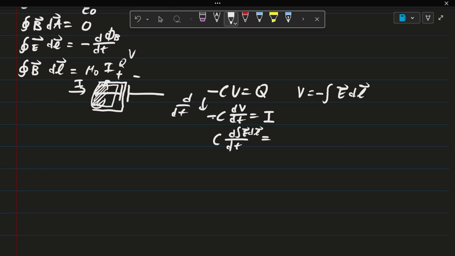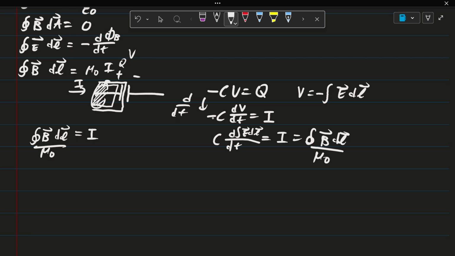This equals our current I. Now, based on Ampere's law, in theory this closed integral of B vector dot dl vector over mu 0 should equal the current passing through, which should equal this other integral. But it doesn't seem to be that easy to solve.